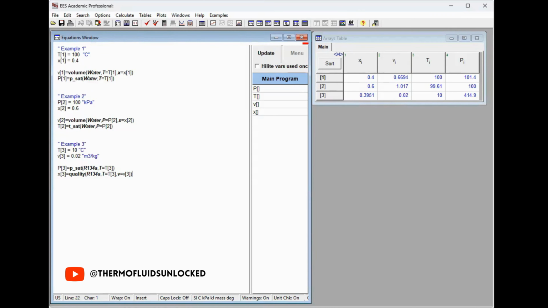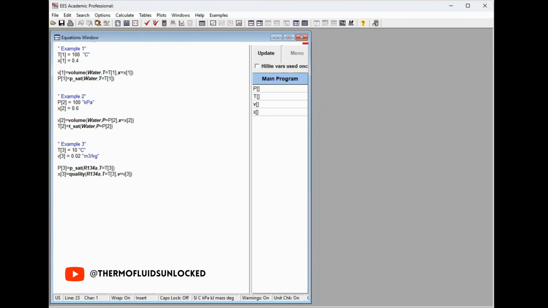Now, I want to look at a problem where if we use thermodynamic tables, we are going to end up with interpolation. Sometimes it could be a little bit time consuming, and we don't want to do that, so we can use these in those cases. So in example 4, the temperature is given, it's 0.2 degrees Celsius, and also the quality is given.